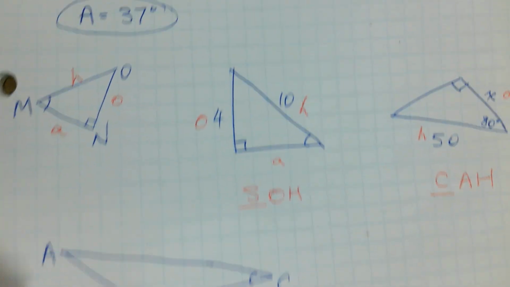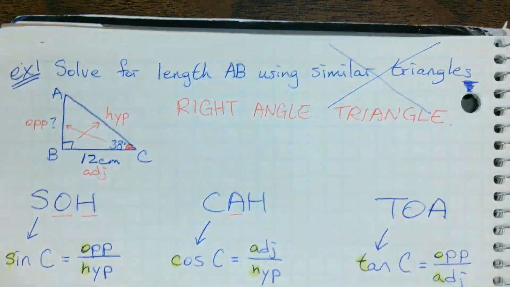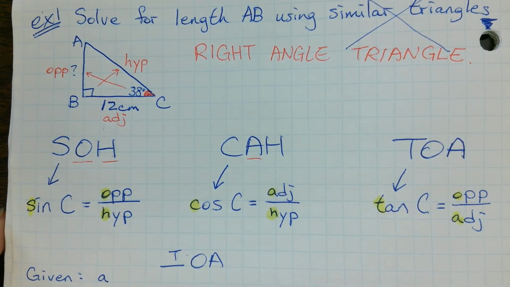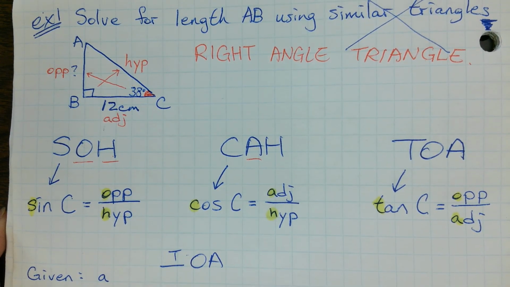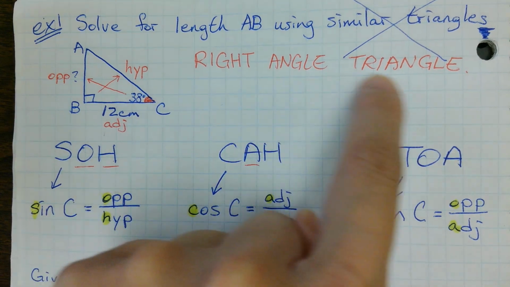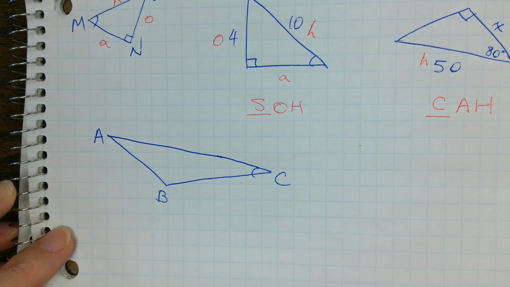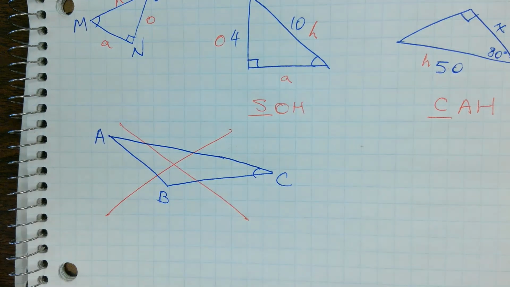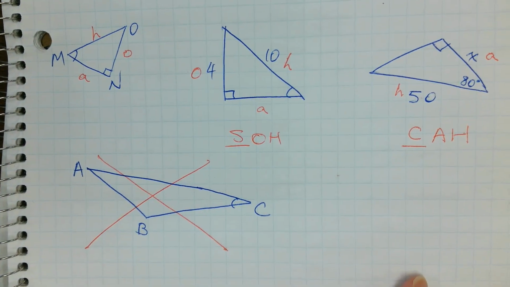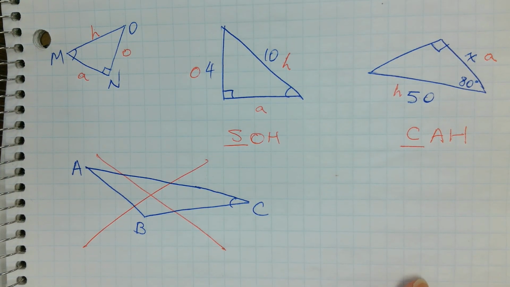Look back to the very first line that I wrote up here. To use SOH CAH TOA, what do you need? Yeah. So what can I do? Yeah, can't do it. Can't do SOH CAH TOA on non-right angle triangles. Okay. So just because it looks like 90 degrees, even though it doesn't look like it, you cannot do it on that.